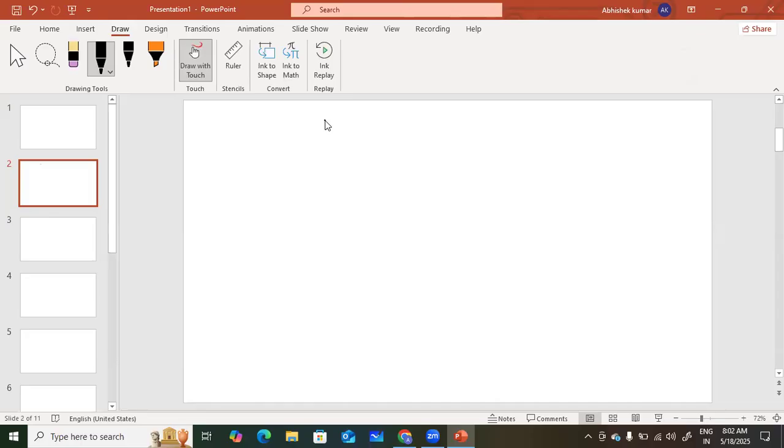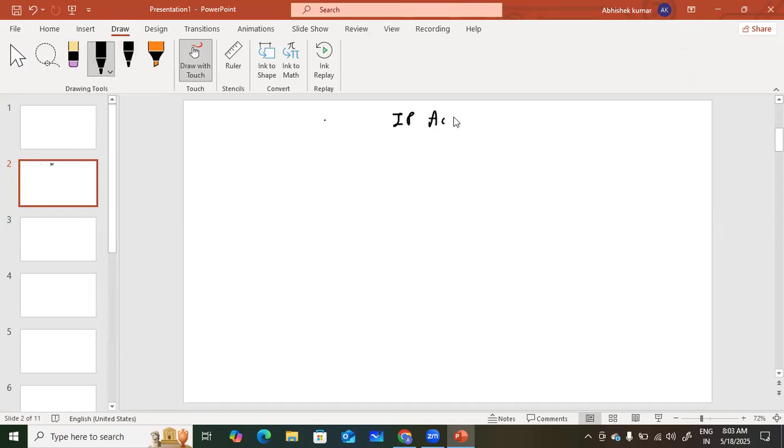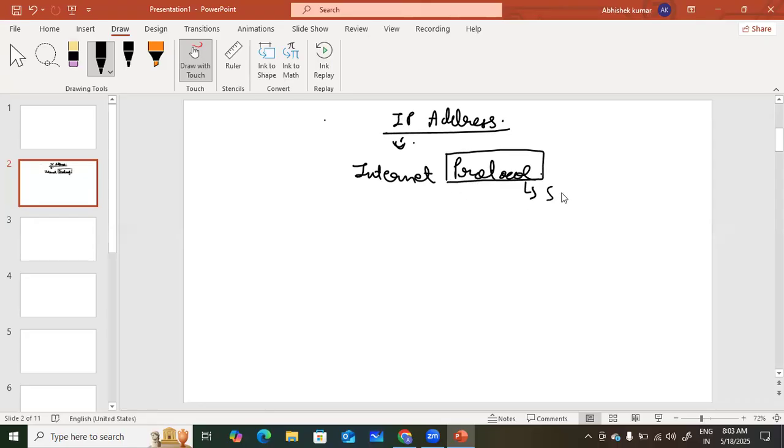Don't worry, let's quickly do a little recap and then we'll go further. Okay. IP address. IP stands for Internet Protocol, whereas protocol means the communication set of rules.